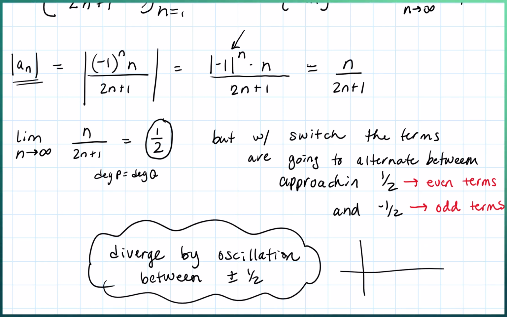If we think of the terms, what's going to happen is if this was 1/2 and this was negative 1/2, we're going to be approaching those, but splitting like this. So we are going to approach those values, but we're going to be oscillating as we go. So it's going to be something like this, still approaching those values, but oscillating as we do it.